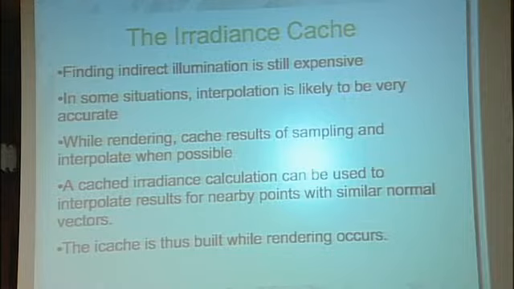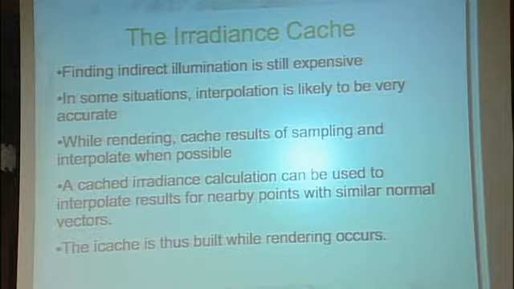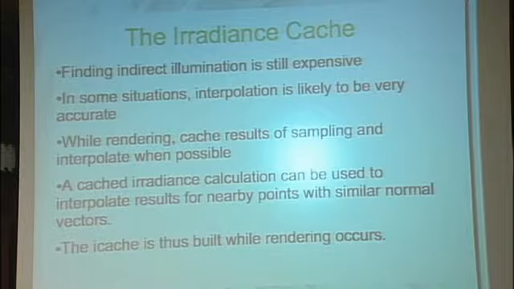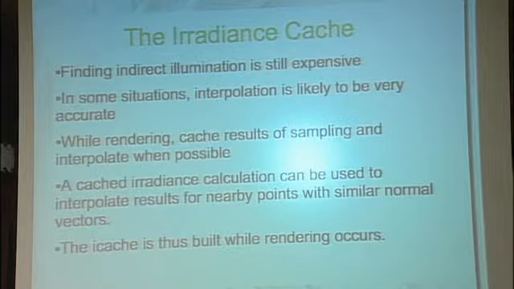So as the scene is rendering, if there's a cache miss, then we calculate the irradiance for some pixel which corresponds to a point in the scene. And then if we trace a ray very near to that same pixel, you can interpolate from nearby cached irradiances and get something that looks right.